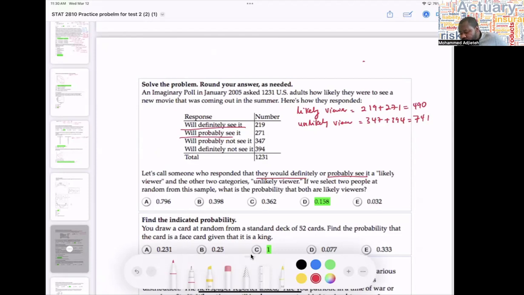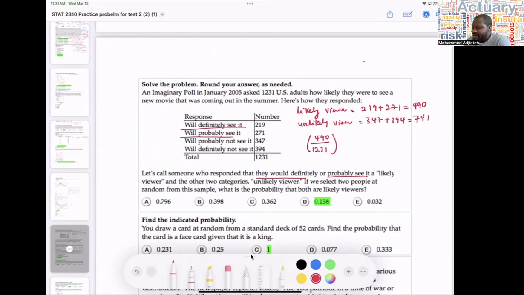Now we have those likely viewers and the unlikely viewers. The question is, if we select two people at random from the sample, what is the probability that both are likely viewers? To do that, the probability that the first person is a likely viewer is 490 divided by 1231.